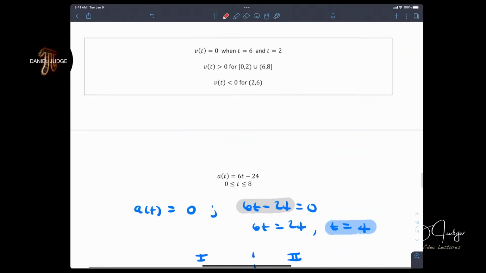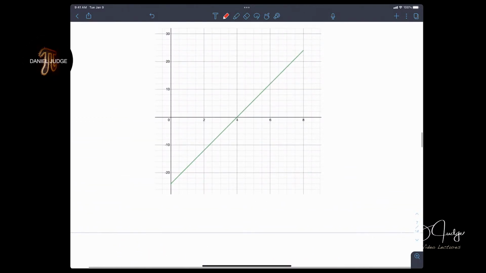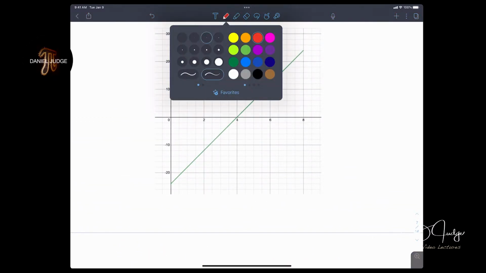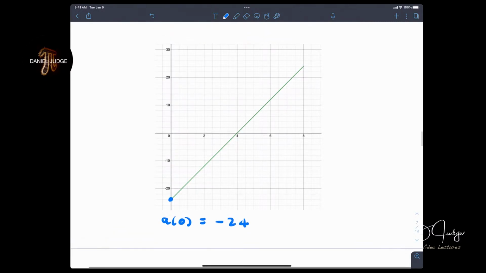Okay, now let's look at this acceleration curve just to note when we start to put our conclusion here, right? This point down here, this is a of 0, and that looks like it's going to be -24. And then similarly, this point up here, that's a of 8, and that's +24. This is going to be useful information here.